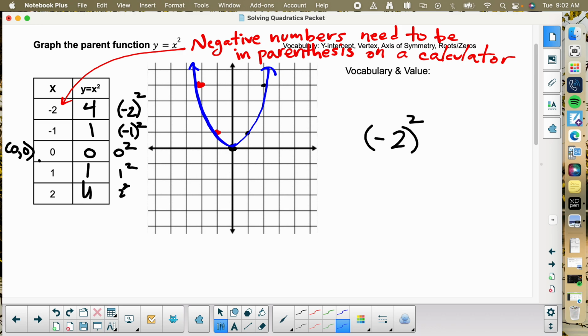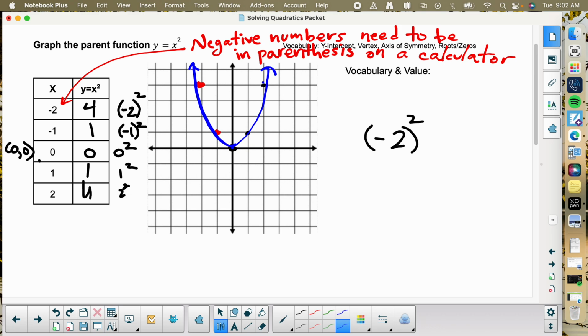So like, if I were to go from here to that point, it wouldn't go over the other one. It does kind of look like a V though. If we would make a table with a lot of numbers, it would make a U shape. So pretty much everything in this whole packet is gonna be this shape, in some form.